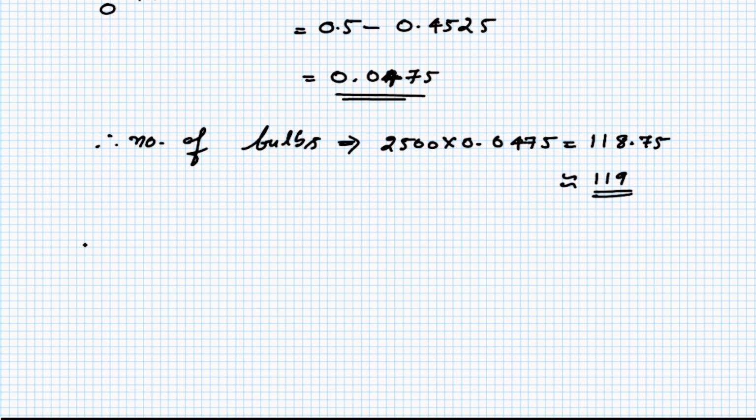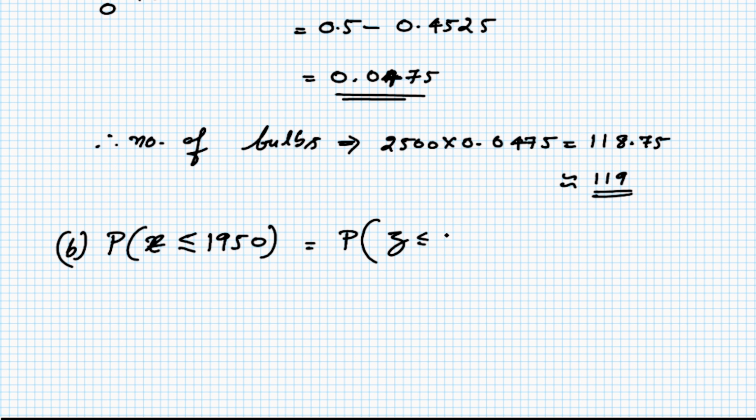So in part B, I'm supposed to find out first the probability that X being lesser than or equal to 1950. How many bulbs will last lesser than 1950? So that is X, convert that into Z. Okay, so probability that Z is less than or equal to 1950 minus 2000 divided by 60.